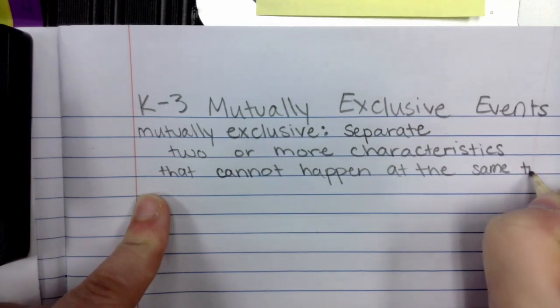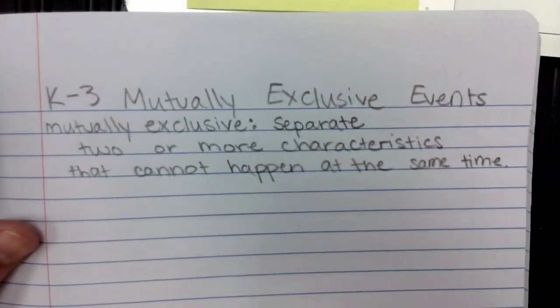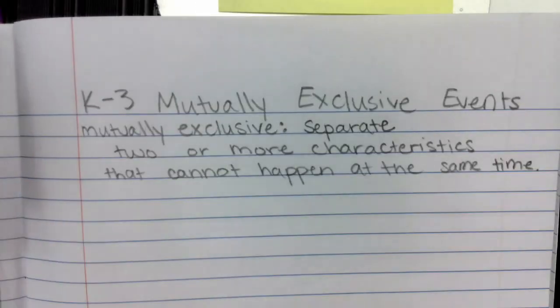So when I flip a coin, can a coin be both heads and tails at the same time? No, it can't be heads and tails at the same time. It's either heads or it's tails. Those are mutually exclusive. They're separate things.